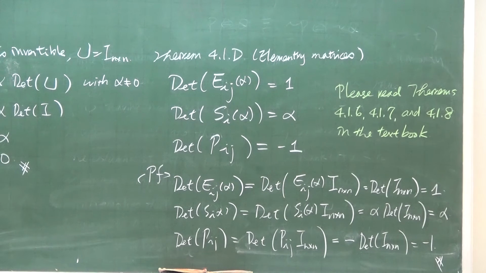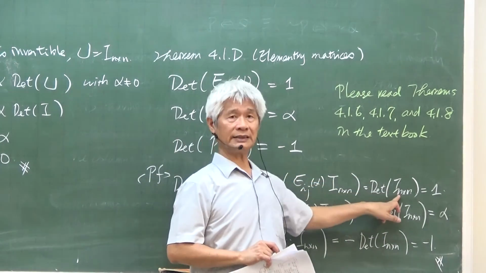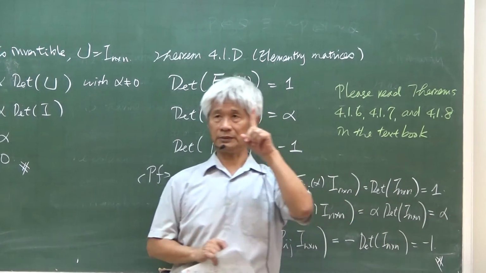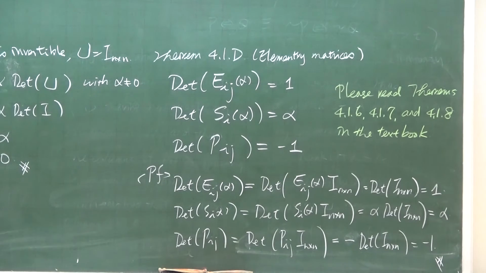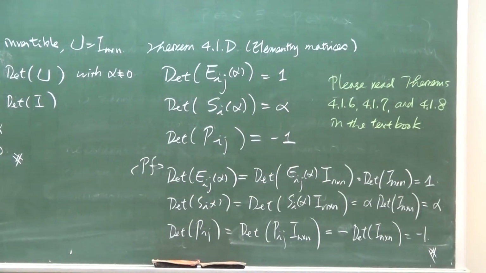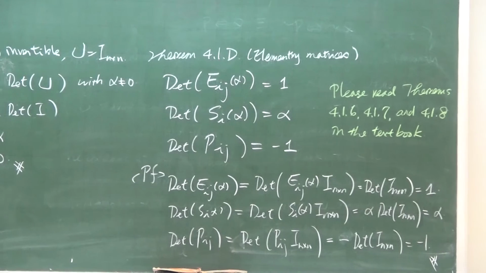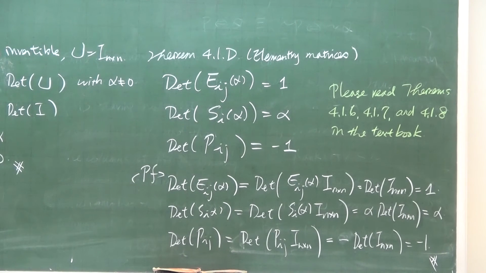Axiom number 1 says the determinant of the identity matrix is 1. Axiom number 2, we have linearity on the first row. Axiom number 3 is that if we exchange two rows, we change the sign of the determinant.